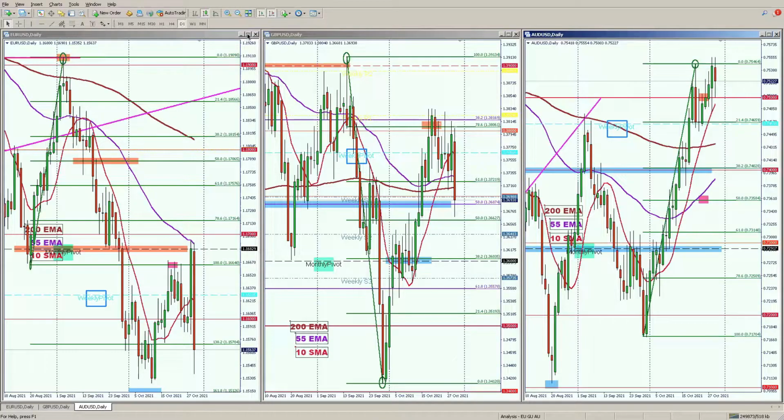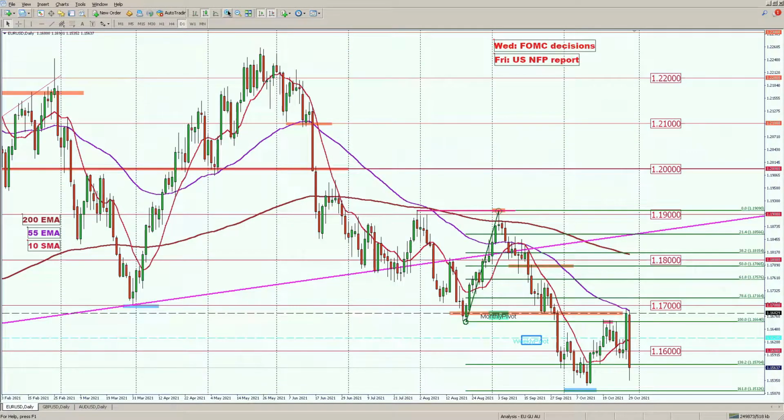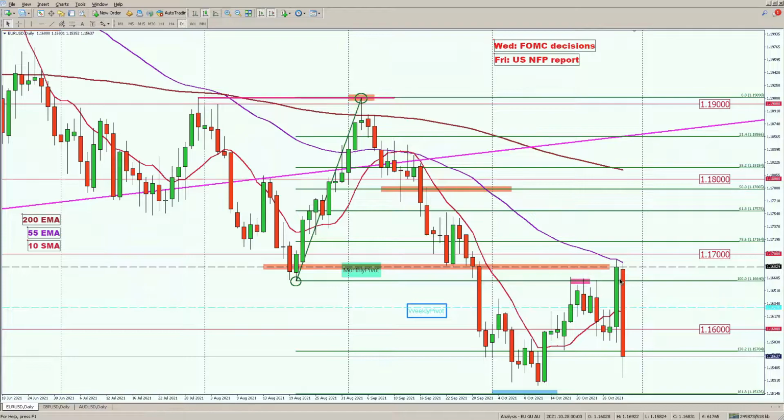Let's begin with the Euro, where you can see on Friday, yesterday, there was a big drop after a retest of the daily 55 EMA, tested at the end of Thursday, but then on Friday it could not break through this barrier, just above the monthly pivot here, and also below the 117.00.